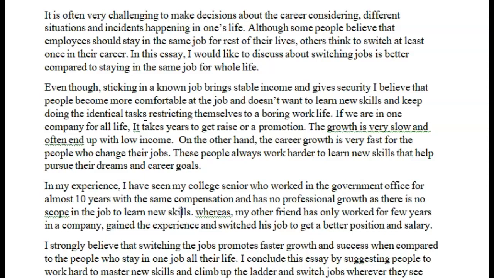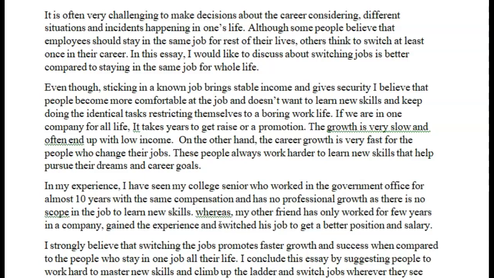Again, always having some sort of examples after each one of these statements. Then this whole paragraph should have been about the benefits of switching jobs and why that's important and why that is really the better option. And then, of course, again, with support.